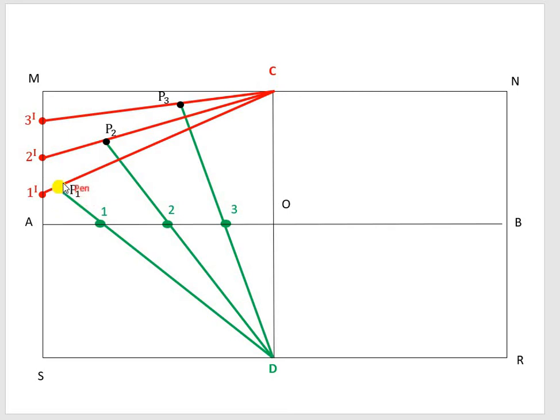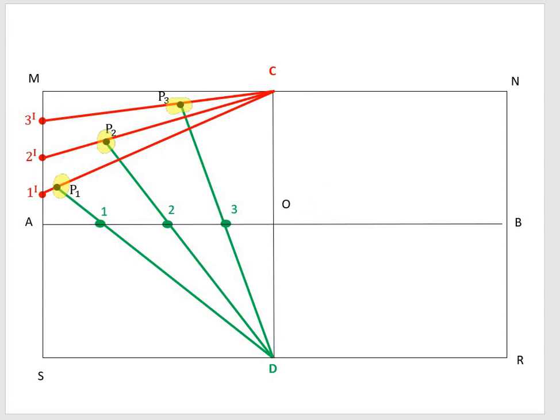Now come to D again. It will cut AO at 2, and it should not go beyond the second line, so mark it as P2. Come to D again. It will cut AO at 3, and it should not go beyond the third line, that is P3. In this way, I got P1, P2, and P3.